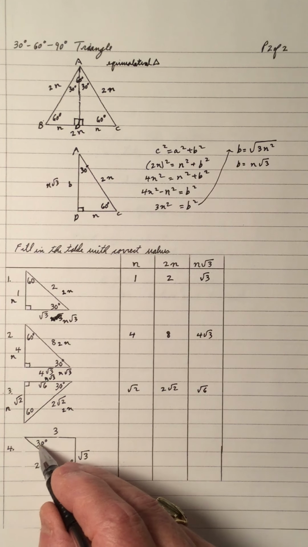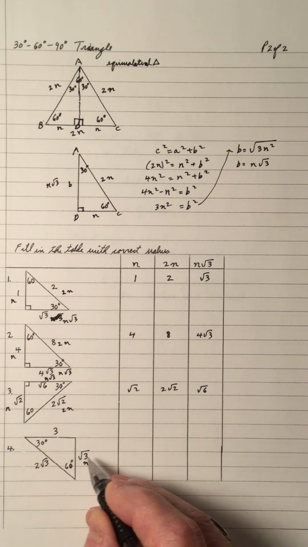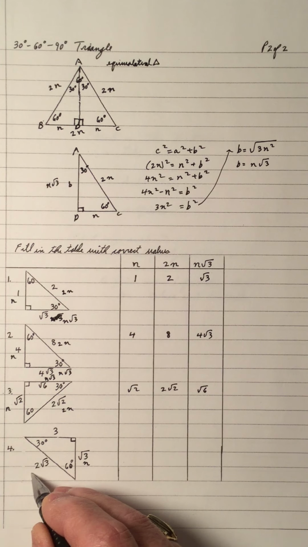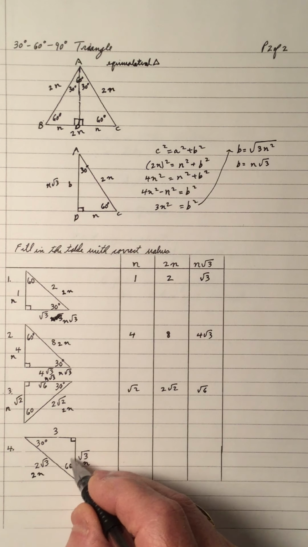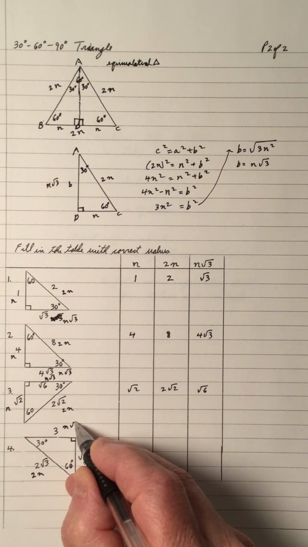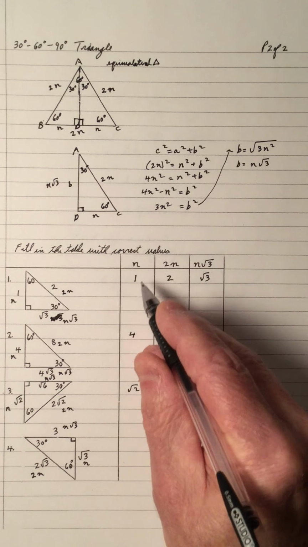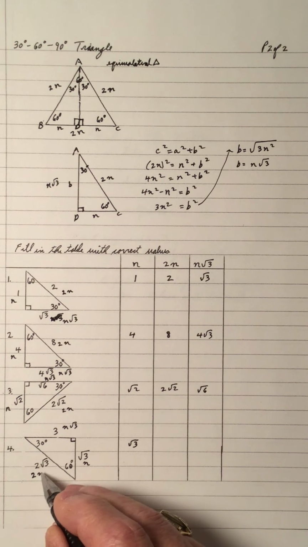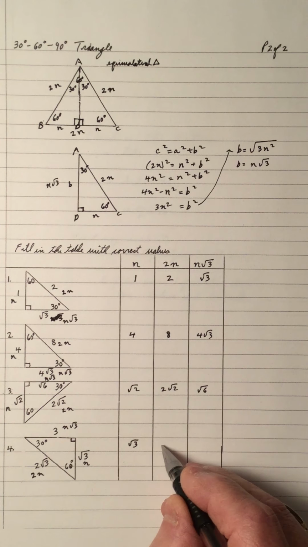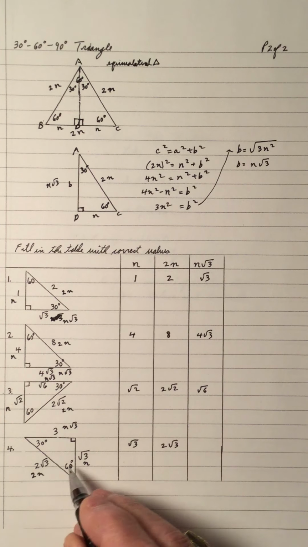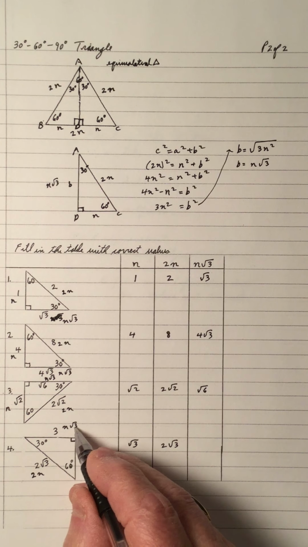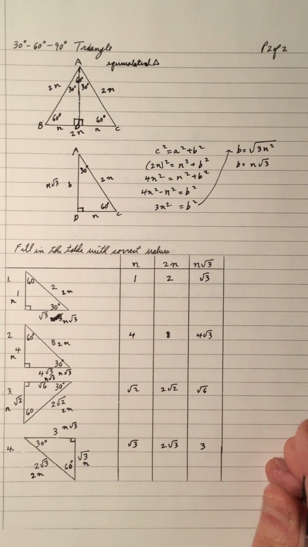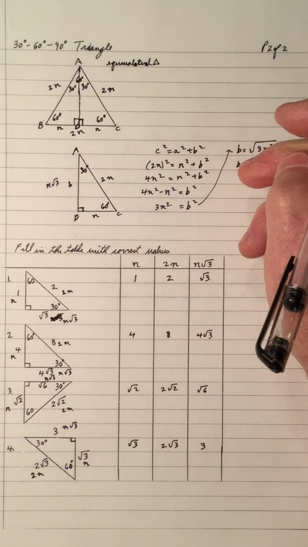Again, opposite 30 is n, opposite 90 is 2n, and opposite 60 is n root 3. So n is root 3, 2n is 2 root 3, and n root 3 is 3. That's picking out the sides based on this triangle.